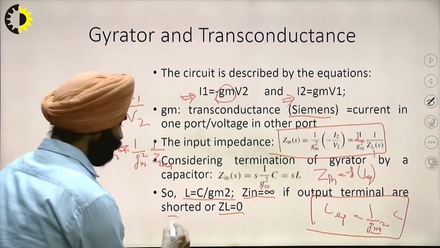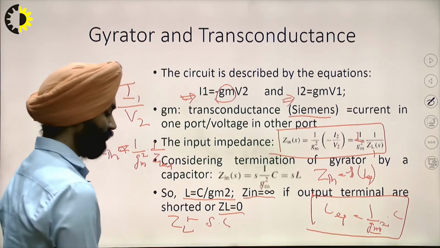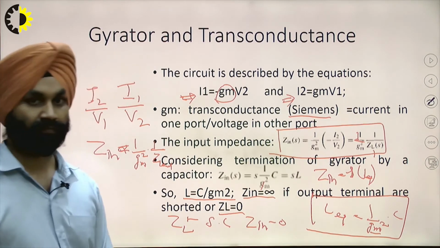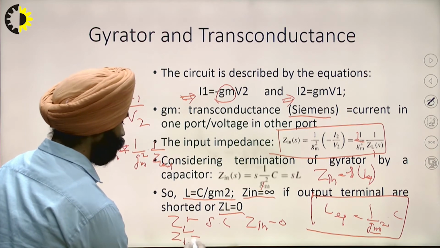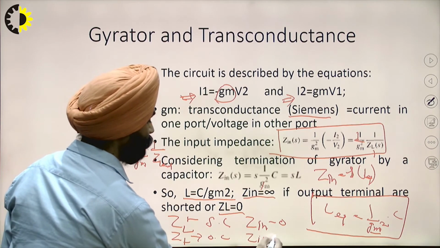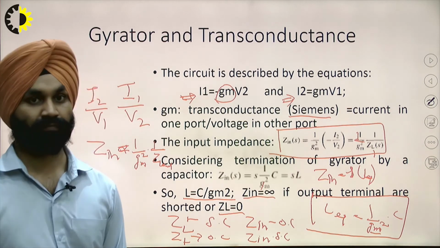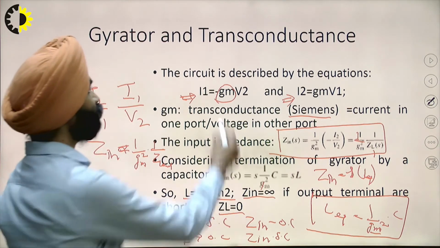If ZL is a short circuit, Zin will be open, or if ZL is an open circuit, Zin will be a short circuit. So the same way we can make it using the transconductors.